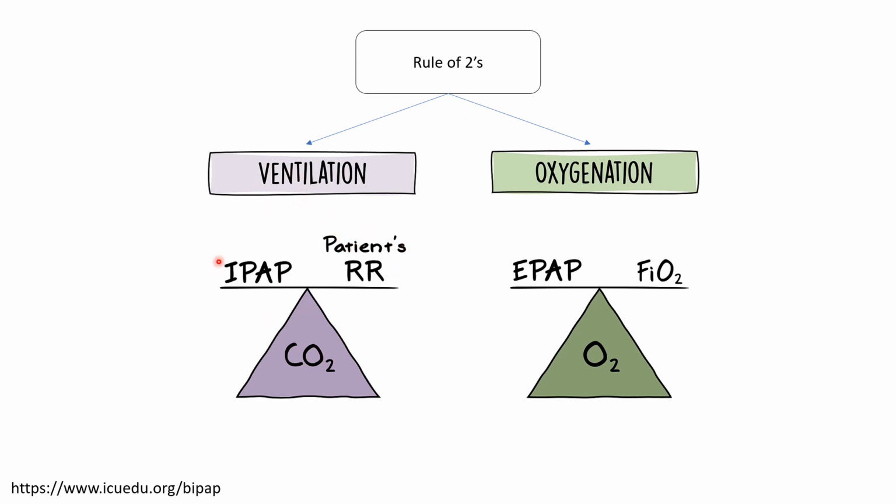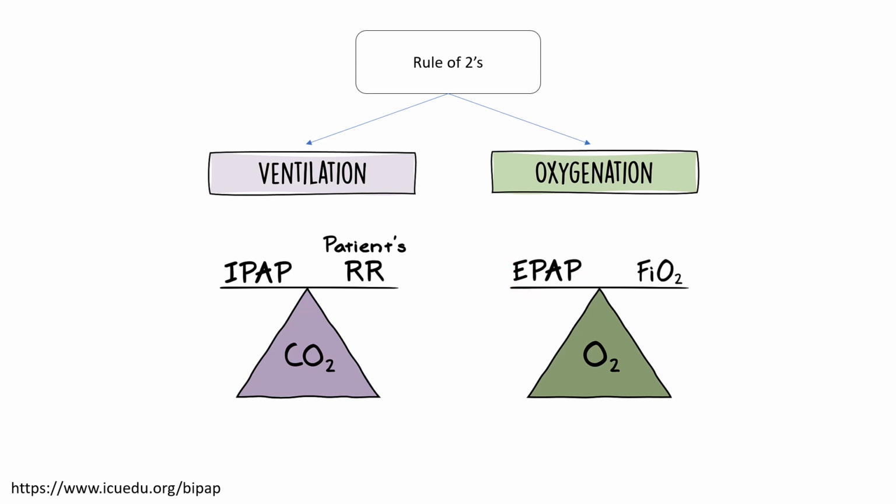Ventilation is all about the IPAP, or what you call the delta. So the delta is the difference between IPAP and EPAP, or in Swedish tryckunderstöd. For instance, usually we start with 10 in IPAP and 5 in EPAP.